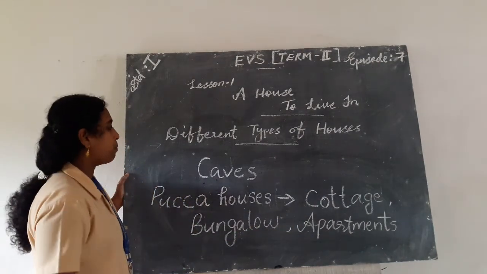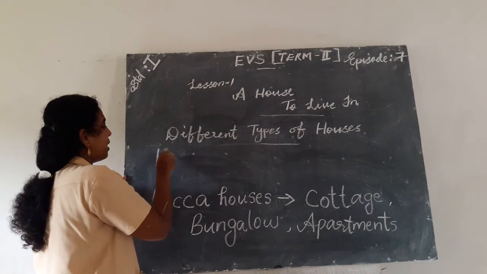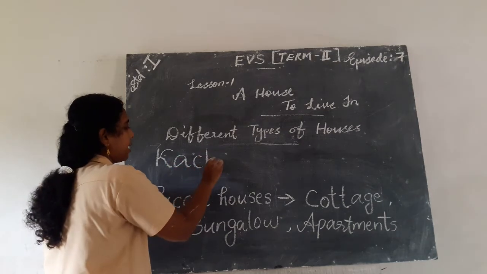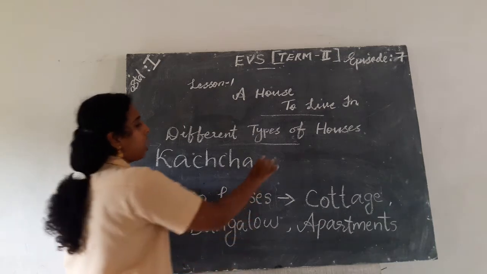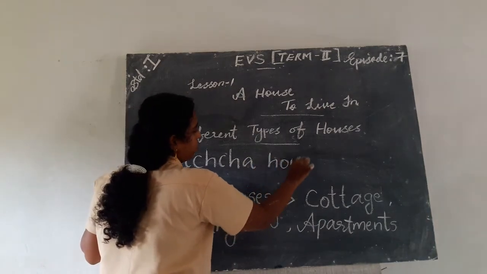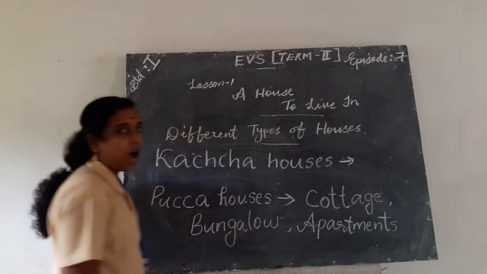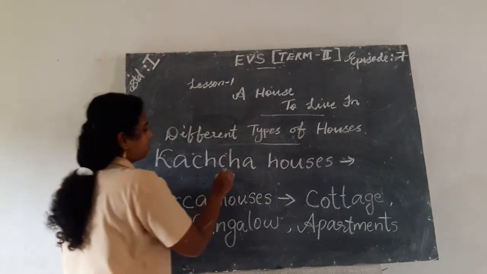And the second type of houses are kacha houses. What is the spelling of kacha house? K-A-C-H-C-H-A. Kacha houses, H-O-U-S-E-S. So huts and mud houses are called kacha houses.